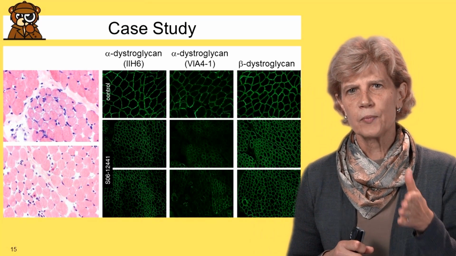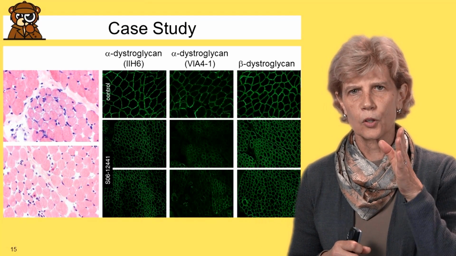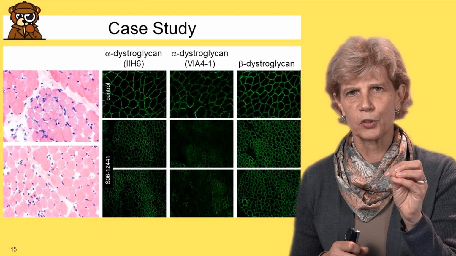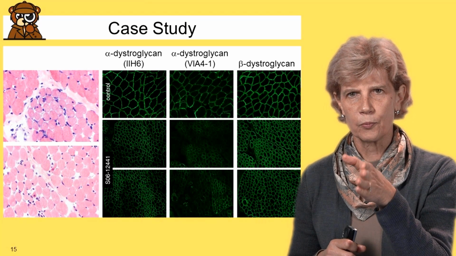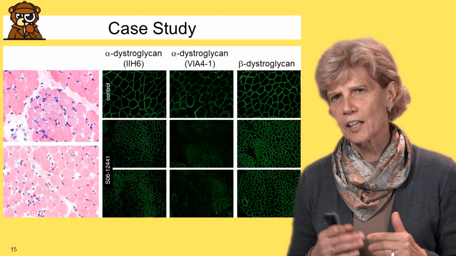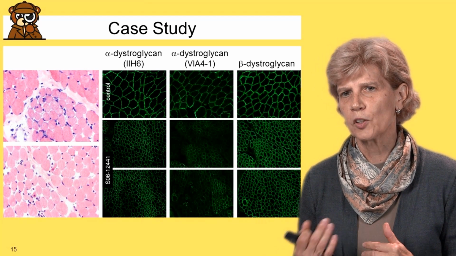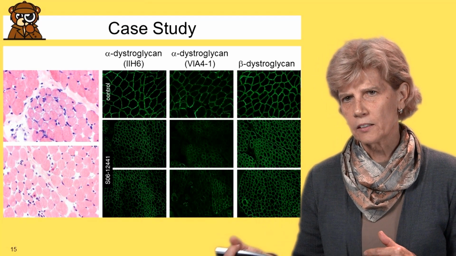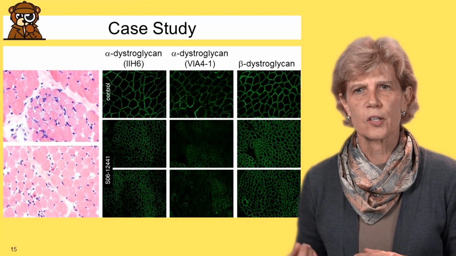The first column is a stain for glycosylated alpha-dystroglycan, so you have to have sugar groups in order for it to stain normally. The middle column, 6A41, is a different antibody for glycosylated alpha-dystroglycan, so it's often more sensitive to hypoglycosylation. And then the final column on the right is beta-dystroglycan, which is used as a control.